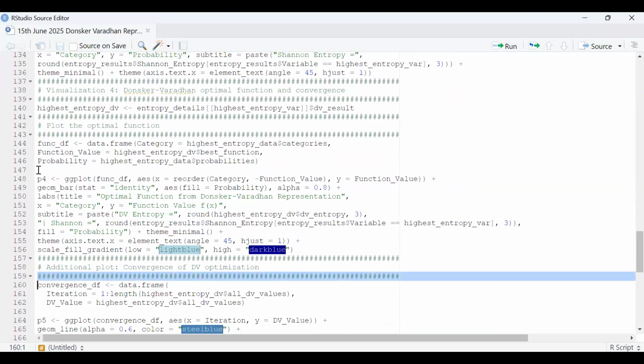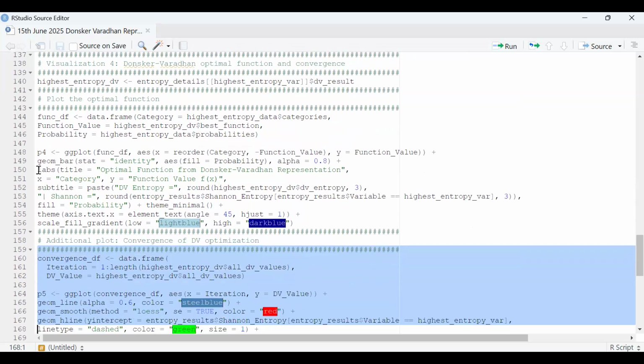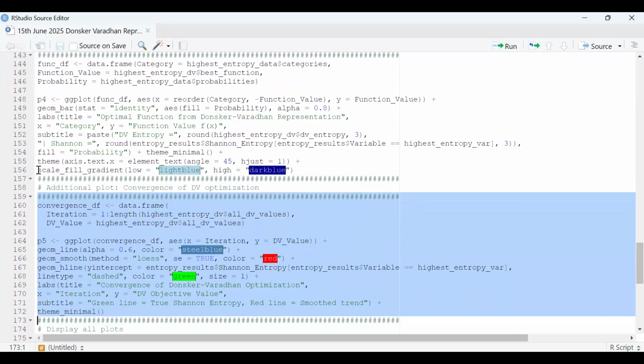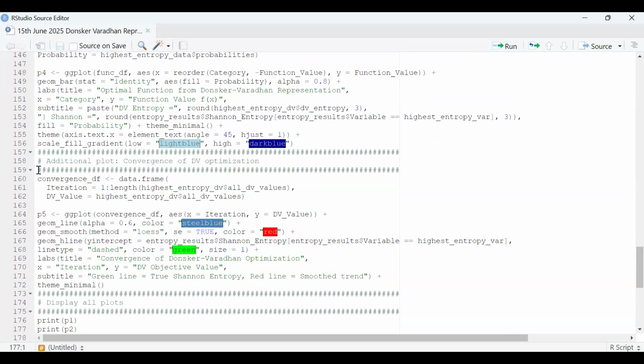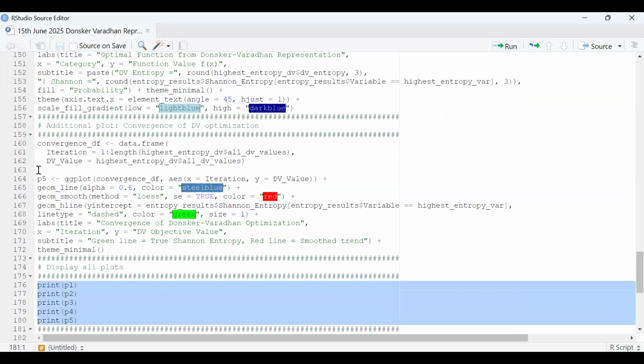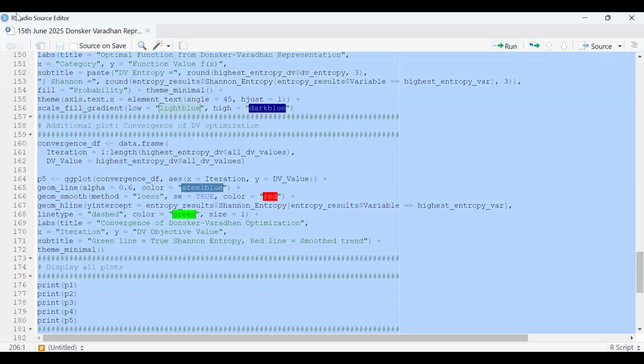So additionally, I show the convergence of the DV entropy optimization. Then in these 5 lines here, I try my best to print all the 5 plots out. So with that being said, I will move on and then run these codes.